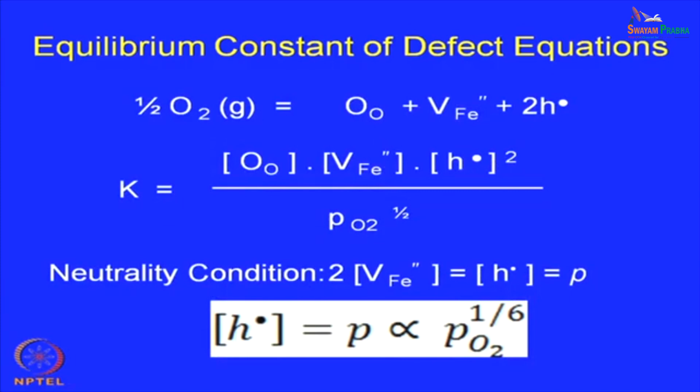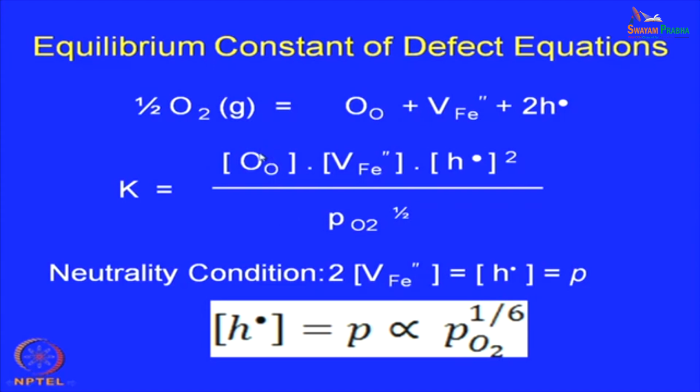This is another. Together with that we like to find out what is the concentration, what is the partial pressure dependence of this concentration, and for that we consider an equilibrium constant for this defect equation. Whatever defect equation we have written, the same equation is written here, and you can define an equilibrium constant at a particular temperature, which is temperature dependent of course.